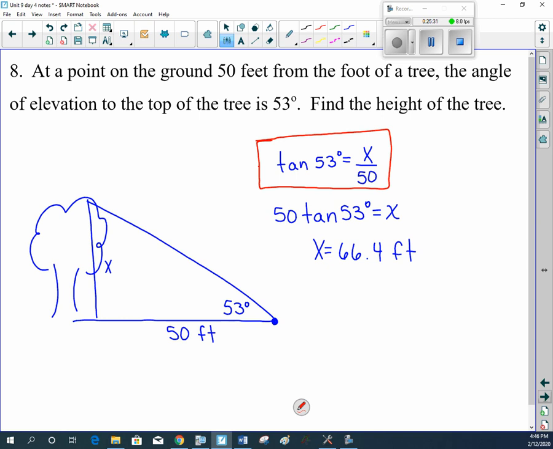If you want to go from that to the answer, I'm okay with that, but I'm not okay with just writing the answer. I need to see the original trig setup. So I need to know how you set the problem up. And then if you just type it all in your calculator and give me an answer, that's fine. You don't have to show the middle step. But you always have to show the full original setup to get full credit besides your answer.